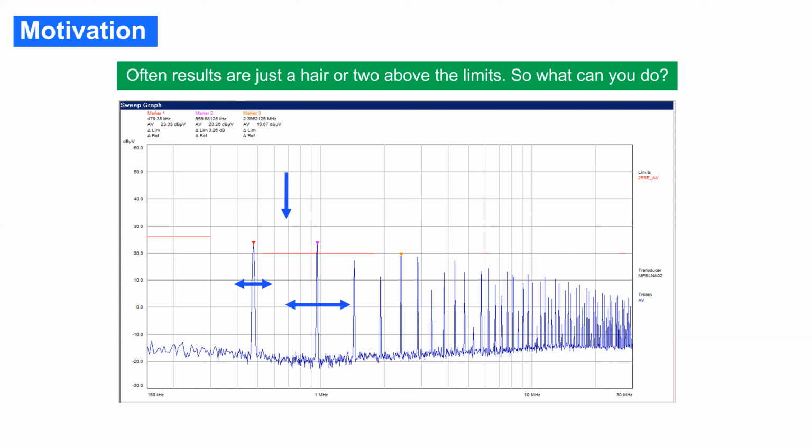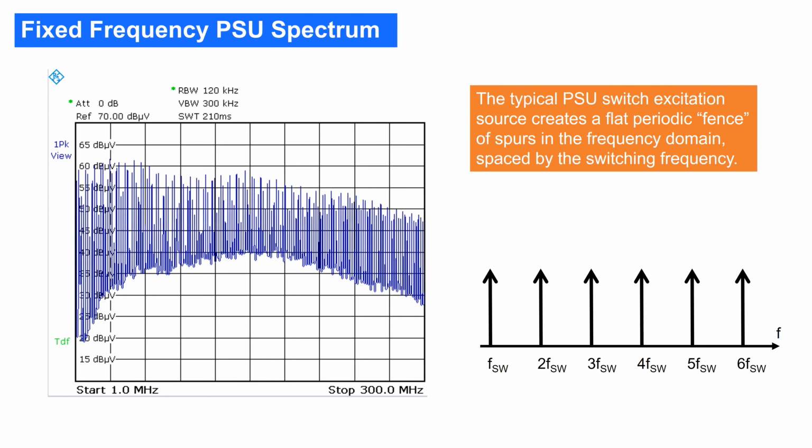There is also another possibility to get these spurs below the limit line, and that is if you manage to get the energy of the individual spurs down. One way to do that is to make the spurs wider. With the same energy, if you make the spurs wider, they will go down in amplitude, which means you might now pass the limits, and that's what typical spread spectrum tries to achieve.